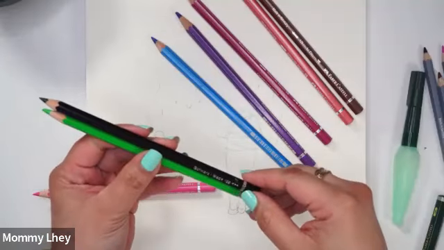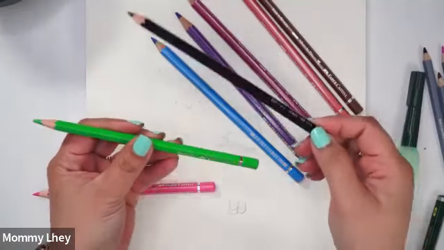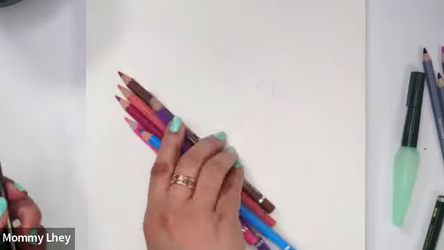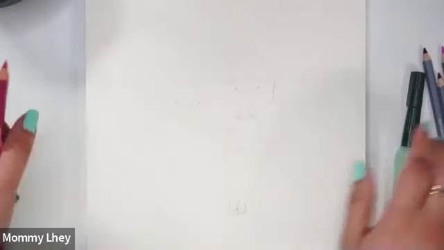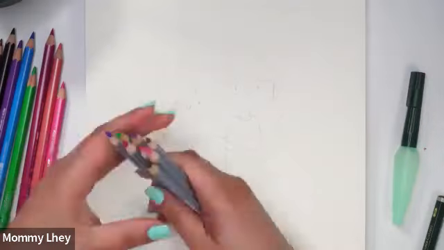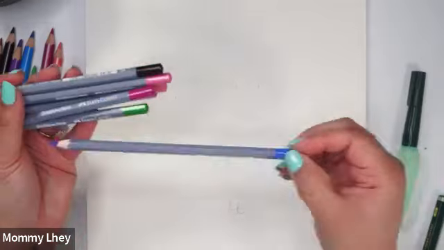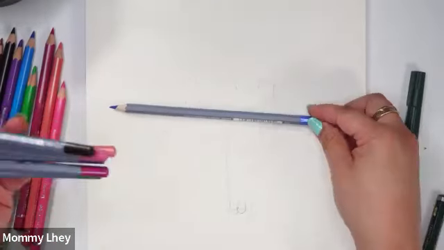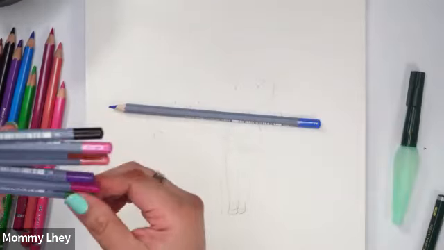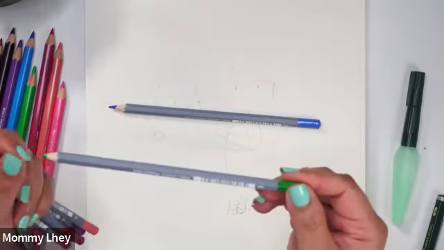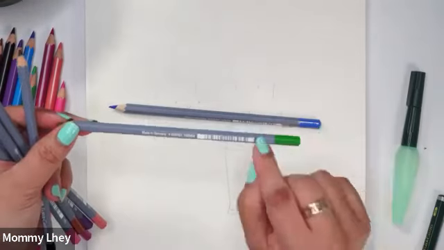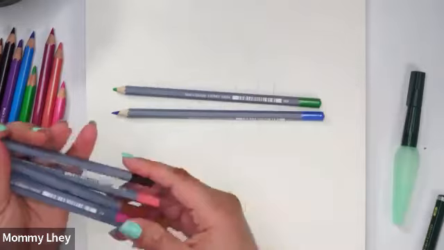I have black 199 and then leaf green 112. Now, if you're going to use the Goldfaber pencils, the only one that I didn't find are the Phthalo Blue. But you can use 120 for that. For my leaf green, you can use the 266 also, but those are different colors, but they work.